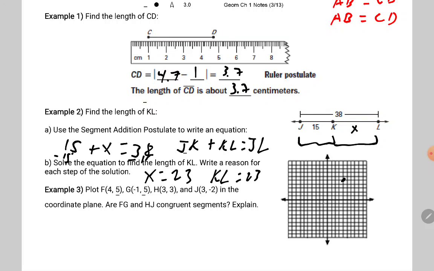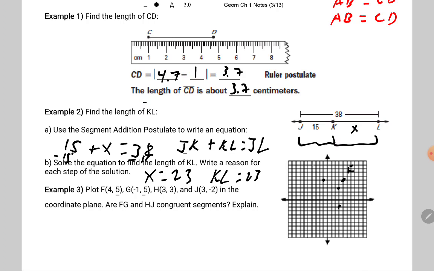Negative 1, 5. H is 3, 3. And J is 3, negative 2. Okay.